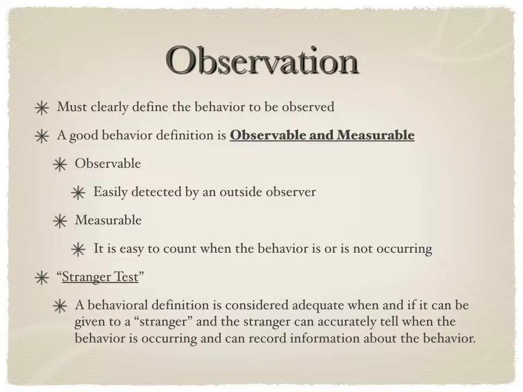They would be able to read your behavioral definition and they would be able to accurately collect data about when the behavior is and is not occurring, and they would be able to collect accurate data for you as a stranger or a person who is unfamiliar with the setting, just based on reading your behavioral definition. So that's really the gold standard for a good behavioral definition.